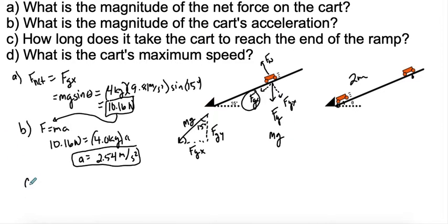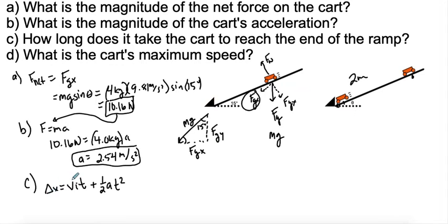Okay, so you could look up your list of kinematic equations, or you can have a few of them memorized. All right, so the equation that we want to use is, since we have a distance, delta x equals initial velocity times time plus 1/2 acceleration times time squared. This is the equation that we want to use.